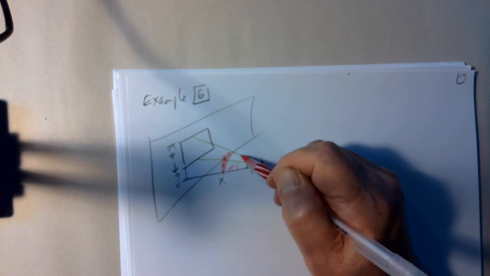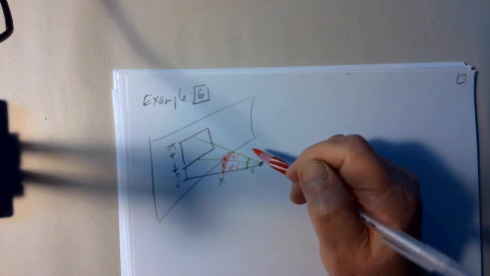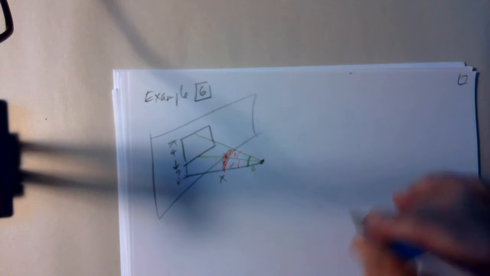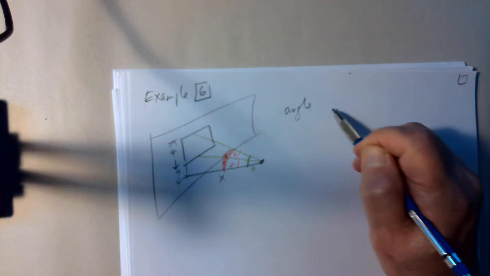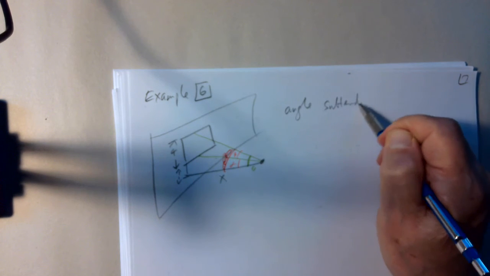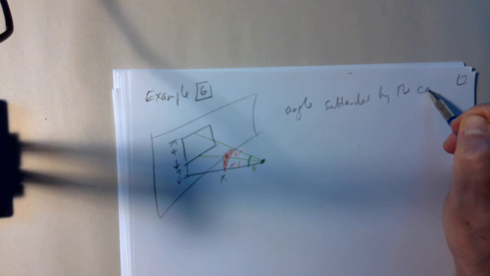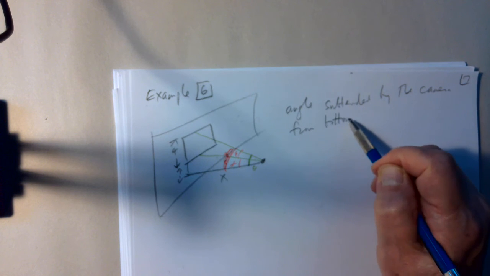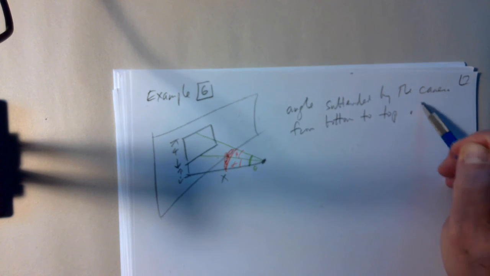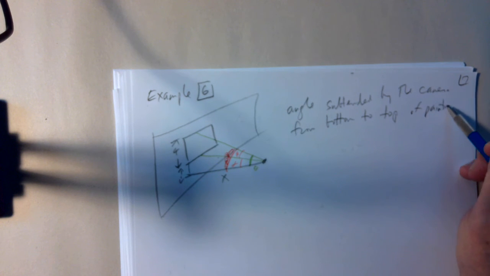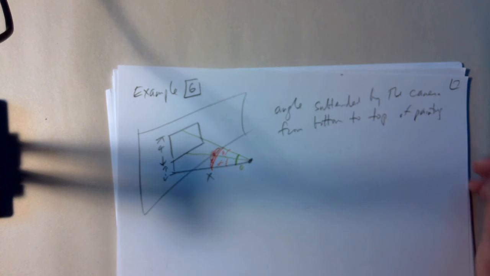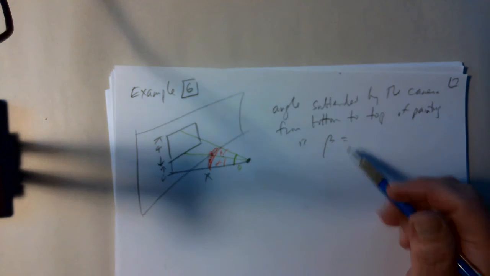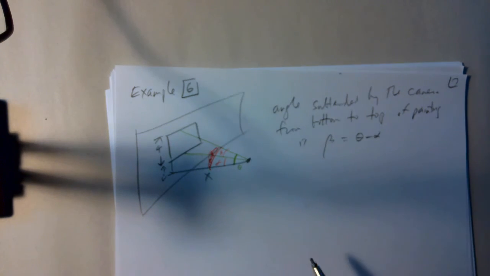So the angle subtended by the camera from the bottom to the top of the painting is beta, which in the notation being used is theta minus alpha.